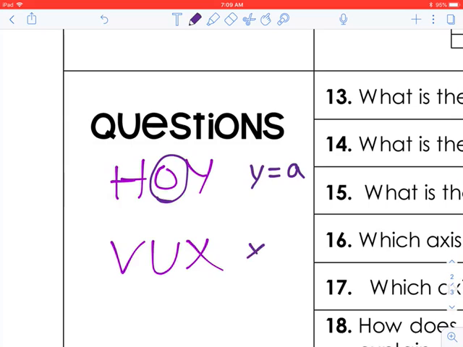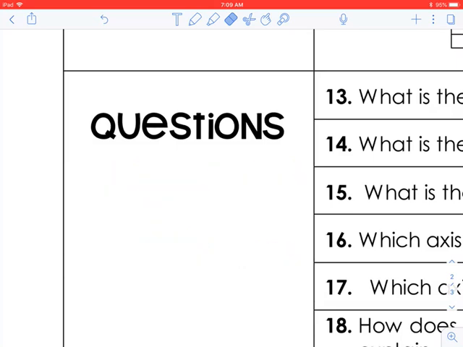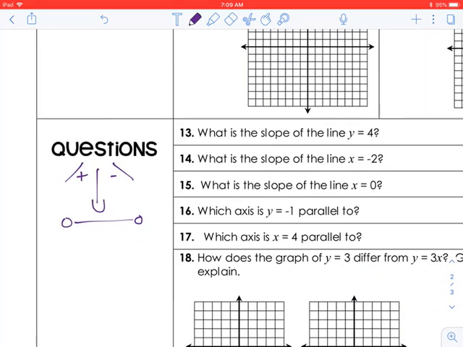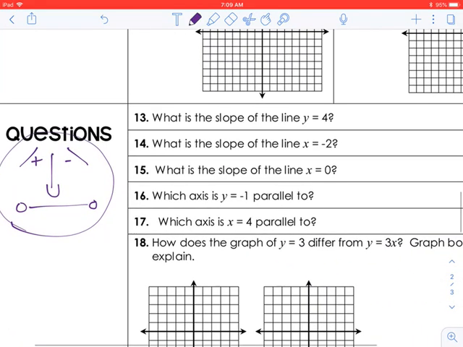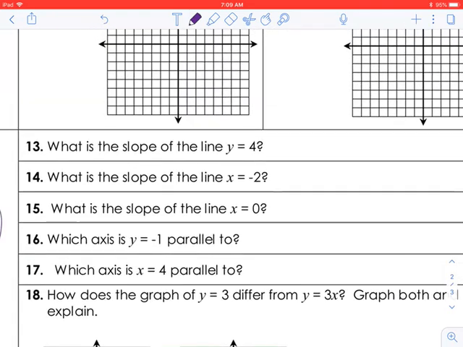Okay? x equals a means it's undefined. Okay? So, again, you can just remember Mr. Slope Guy. If you have Mr. Slope Guy, we've got undefined for the nose, 0 for the mouth. So, horizontal and vertical. So if it's y equals, that's horizontal, so that would be 0. x equals is undefined.